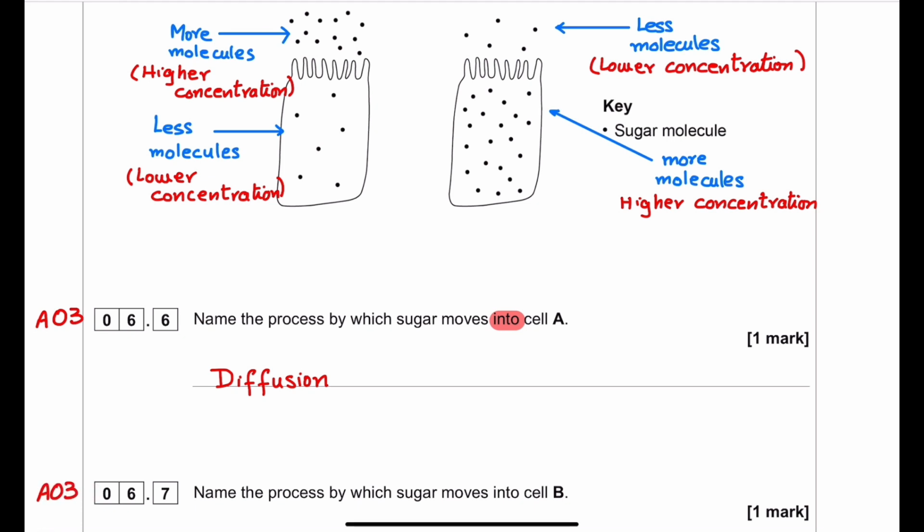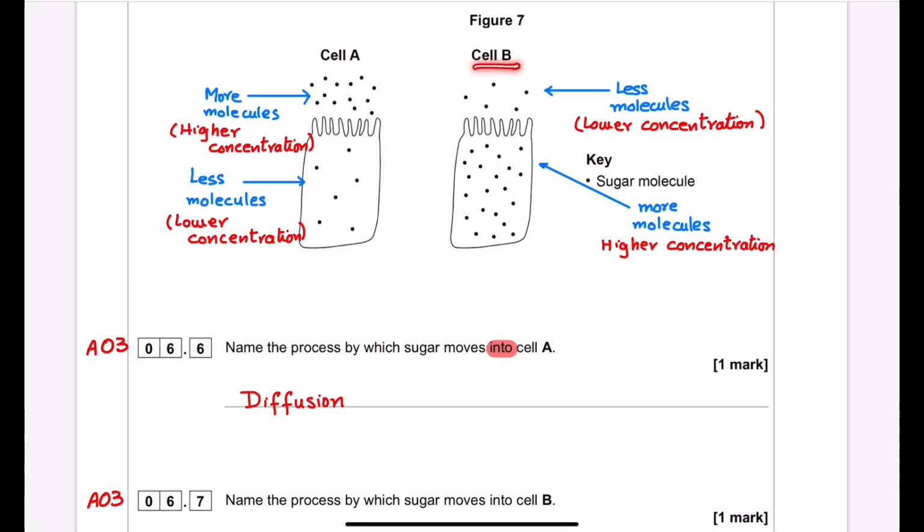6.7 is an AO3 question. Name the process by which sugar moves into cell B. In cell B, the sugar molecules have to move from outside to inside. But there are more sugar molecules present inside the cell as compared to outside the cell. Even then, the question asks how these molecules can move against the concentration gradient.